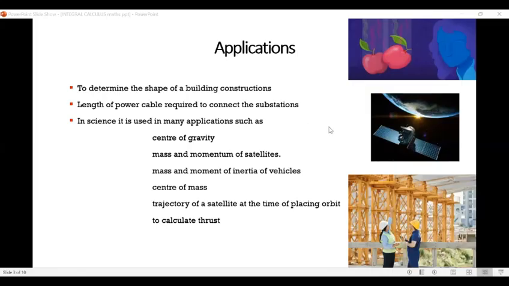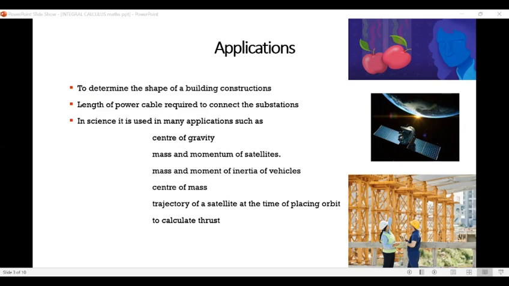Coming to the applications, it is used to determine the shape of a building construction, and the length of power cable required to connect the substation. You have seen it in many mathematical formulas, and in physics and science we use integration in many parts.